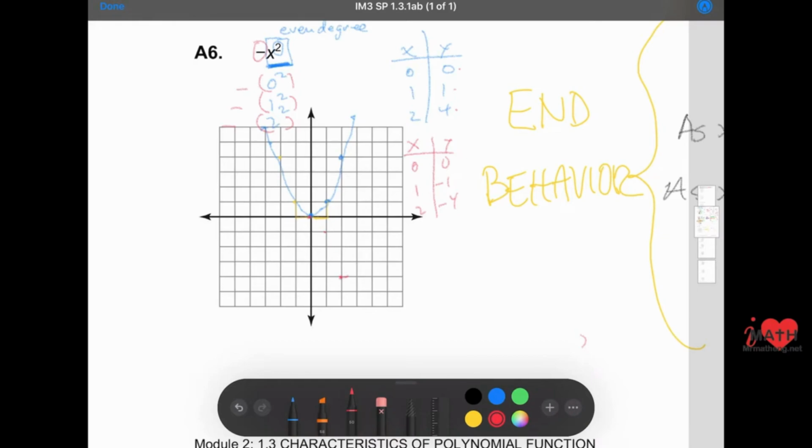So what did it do? It flipped it around the x-axis. That's what the negative sign does. Okay? So when you darken that, this is my graph. The blue graph is what we had before, and then once you take the negative, it flipped it.